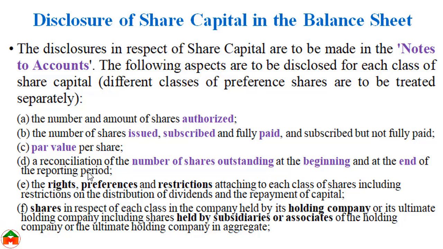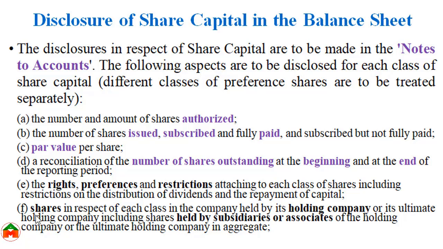As well as you have to show the reconciliation of the number of shares outstanding at the beginning and at the end of the accounting period or reporting period. As well as you have to show the rights share, preference share and restricted share.